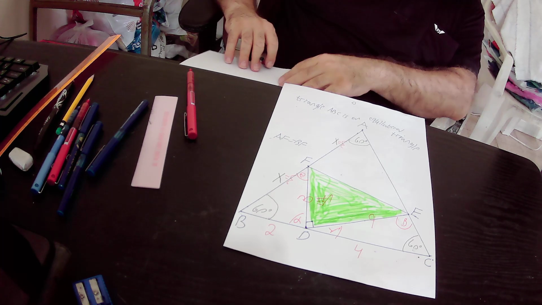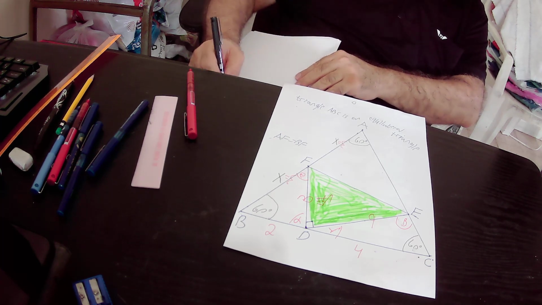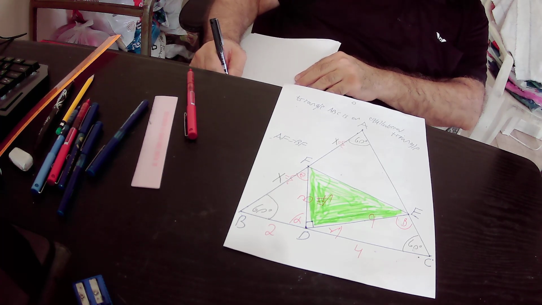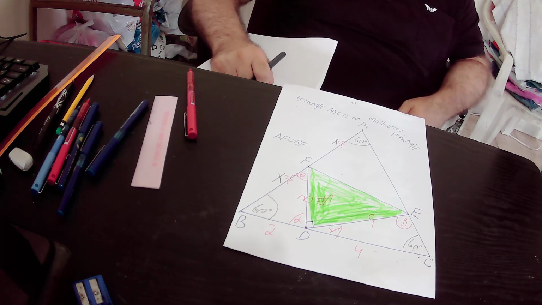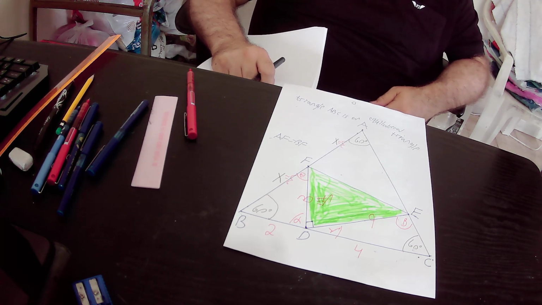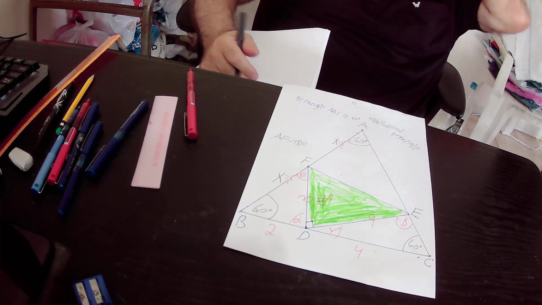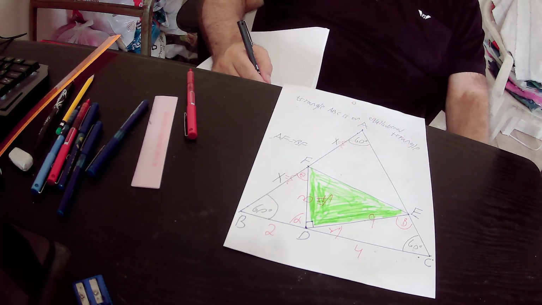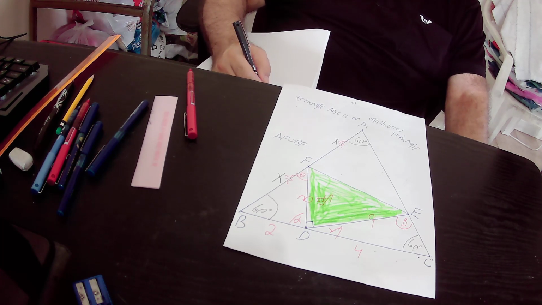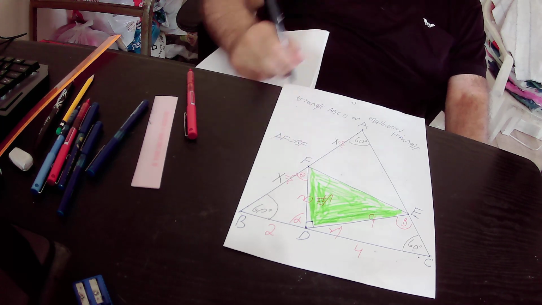Okay, so in the next step we will create 4 equations from this drawing. The first equation: in the first equation we will focus on triangle FBD.